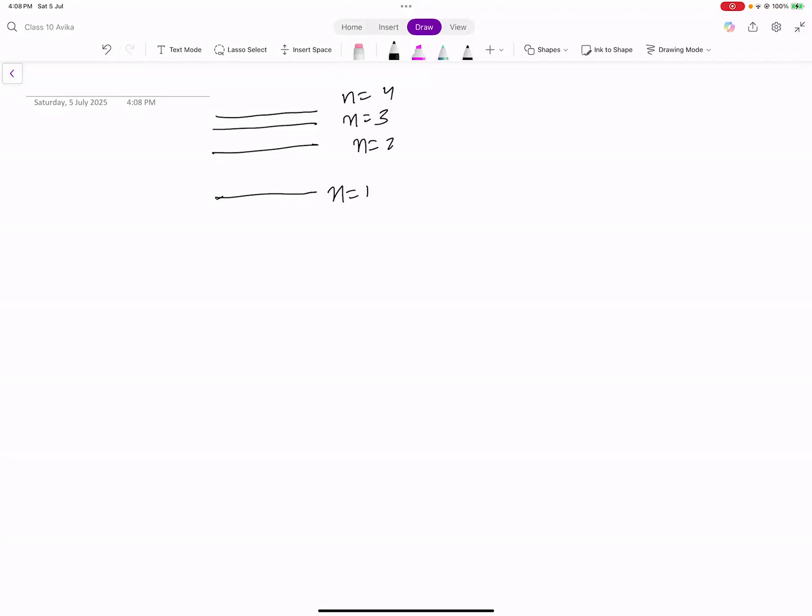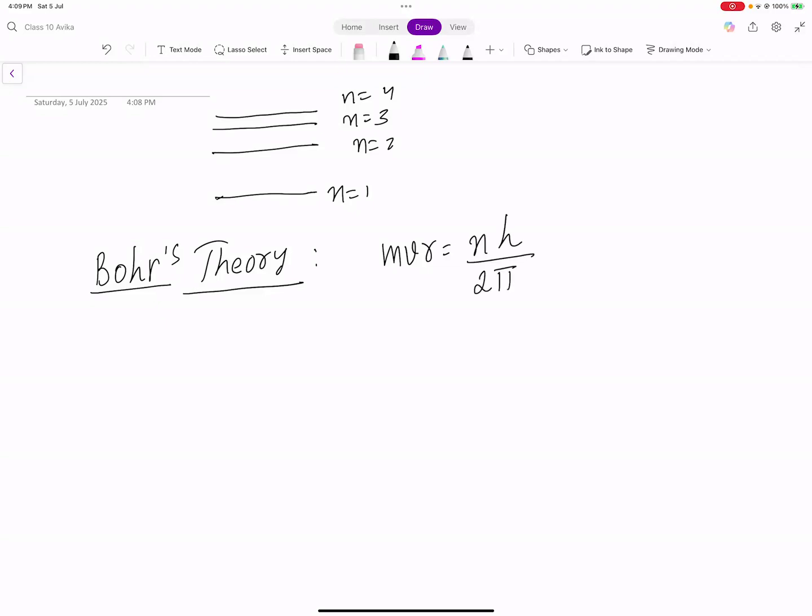Now, Bohr says, according to Bohr's theory, first angular momentum is quantized. So mvr is equal to nh upon 2 pi. H is Planck's constant. N is equal to 1, 2, 3, 4.